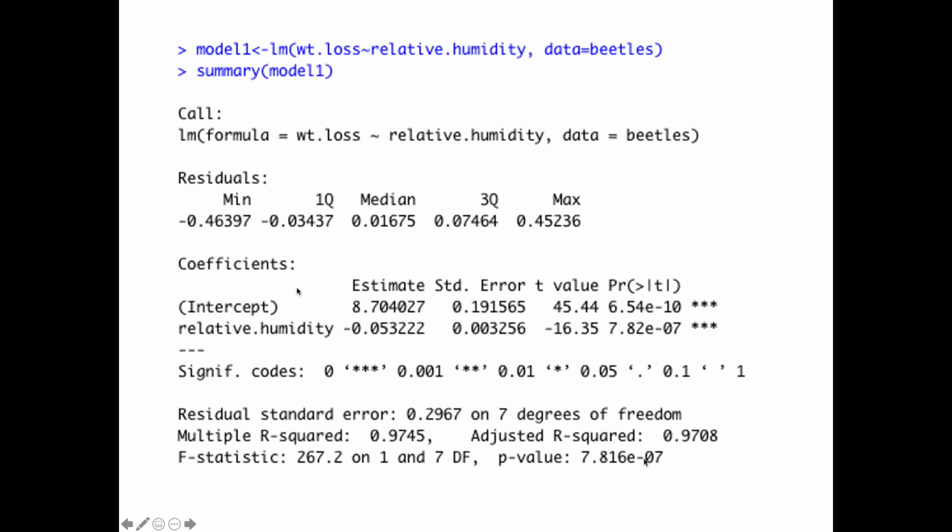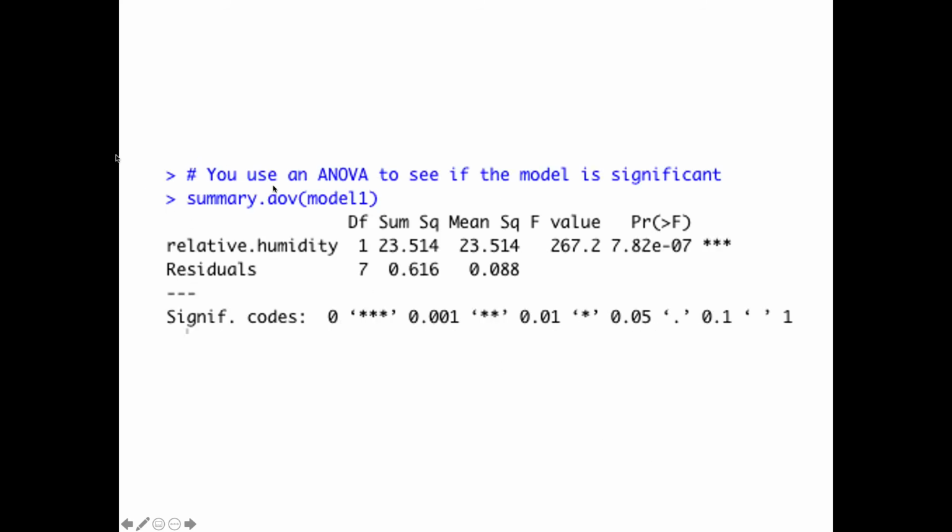You can also run summary.AOV on model 1, and that will give you the ANOVA table that we calculated by hand. All of these numbers correspond to all of the numbers that are in the ANOVA table that we calculated from the Excel spreadsheet.